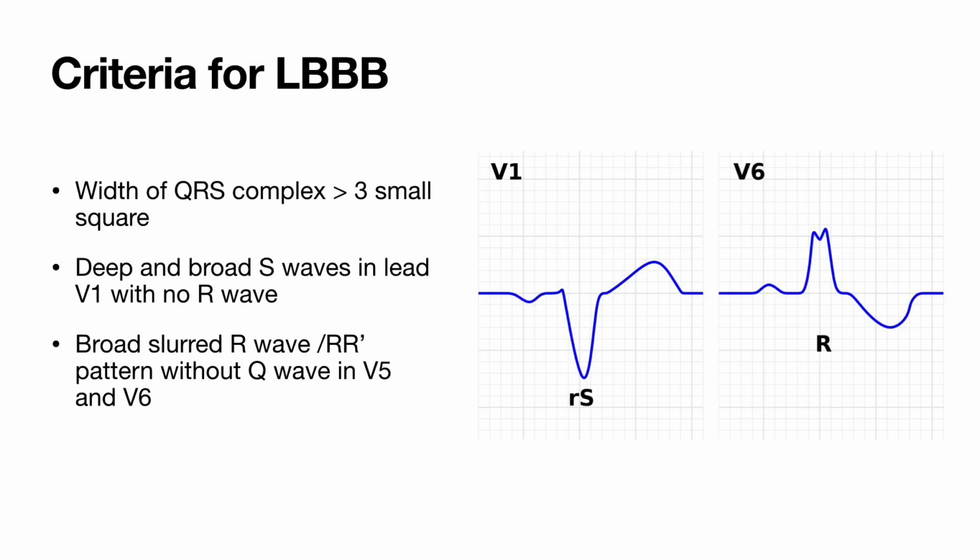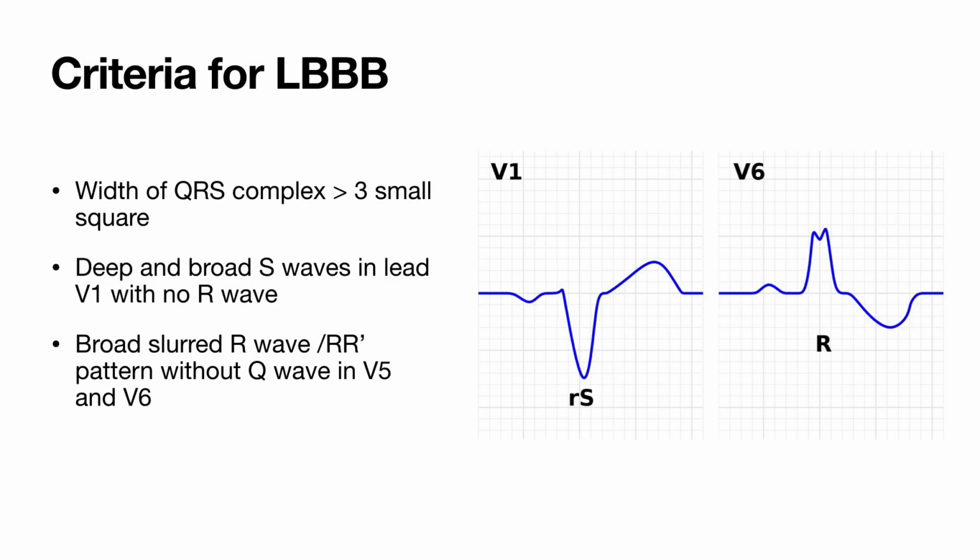Remember that any upward deflection, however small, is an R wave, and any downward deflection, however small, following an R wave is called an S wave. Subsequent depolarization of the left ventricle causes an S wave in lead V1 and another R wave in lead V6.